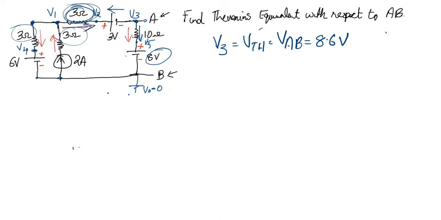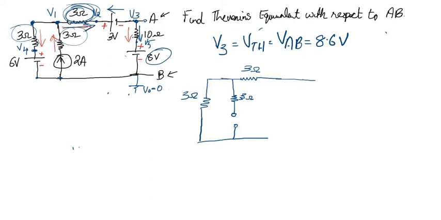We have 3 ohm, another 3 ohm like this, but the current source is open circuited. Then we have the next 3 ohm resistor. The 6 volt voltage source will be short circuited. Again we mark the values 3 ohm, 3 ohm, 3 ohm. We can short this voltage source. Finally, we'll be getting 10 ohm. Again, the 8 volt source can be short circuited.